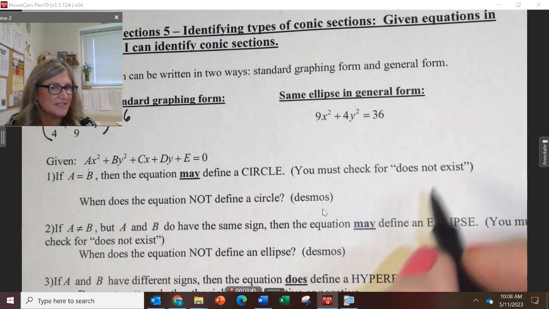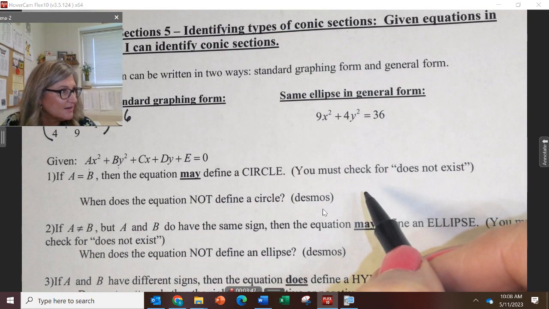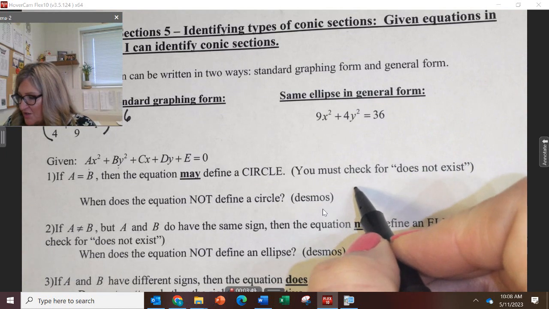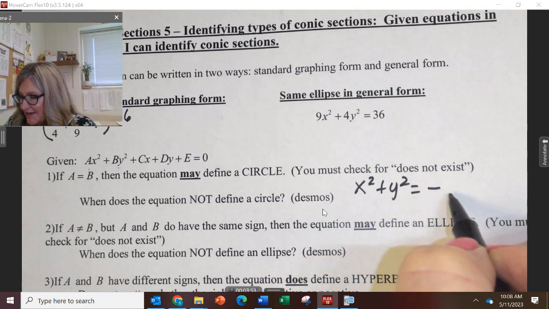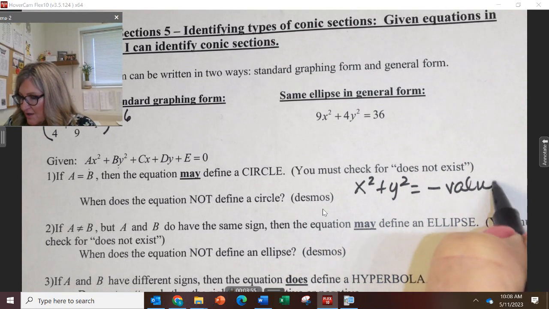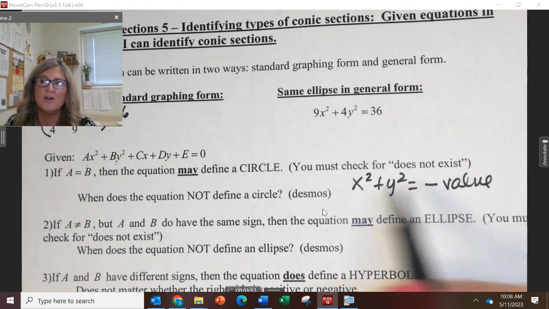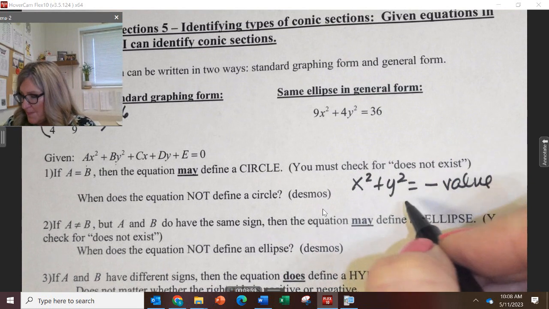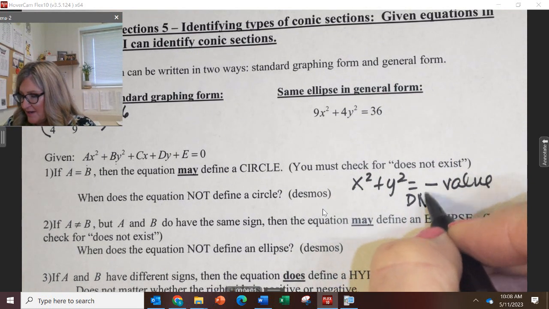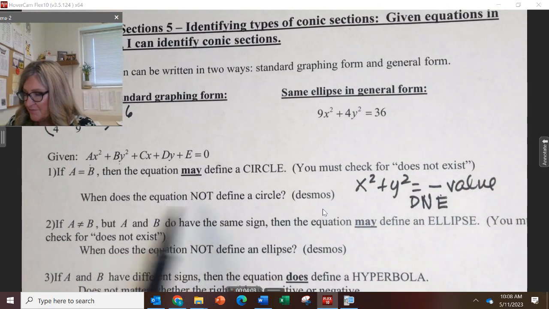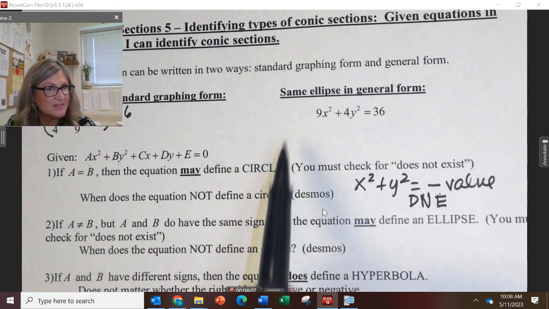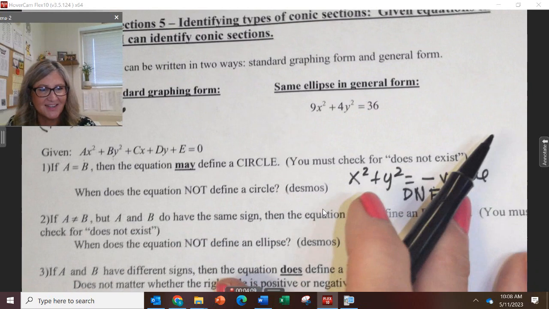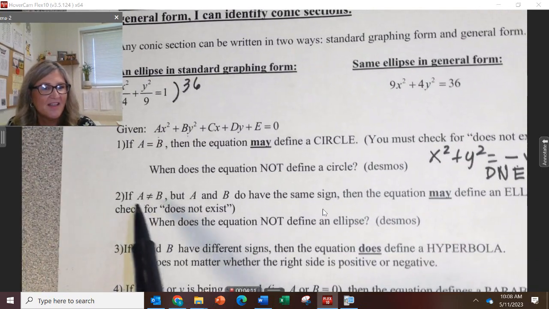We just looked at that on Desmos. When it's equal to what? A negative. So that's going to be if I have x squared plus y squared equal to any negative value. Now it's no longer going to be a circle. This would be D and E does not exist. A circle is what we call a closed figure because it's closed. There's no other way to describe that.